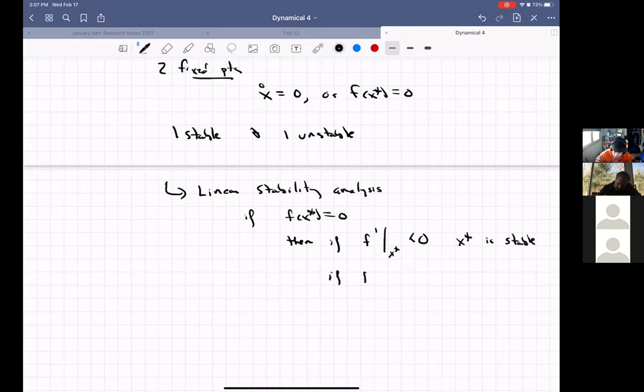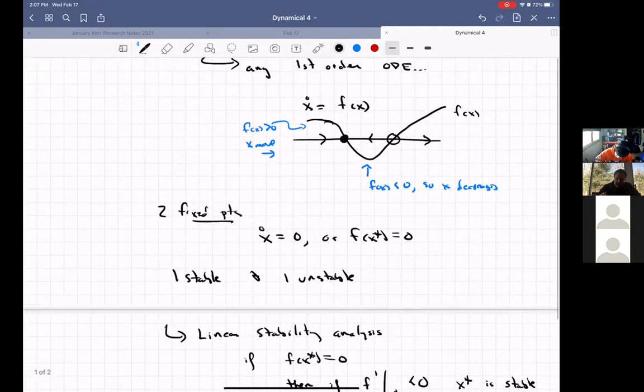And if f prime evaluated at x star is positive, then x star is an unstable fixed point. And so we can see that just by looking at the slopes. So in this particular curve, the stable fixed point, the one on the left, the function has a negative slope at that fixed point. And now the positive slope leads to an unstable fixed point. Folks, good?